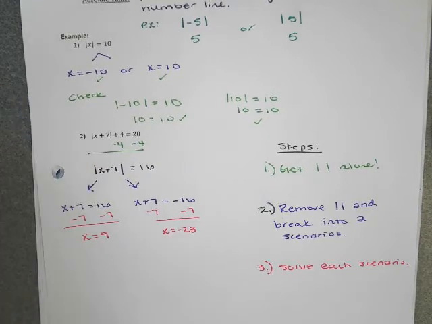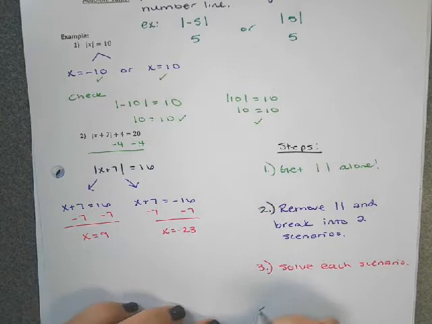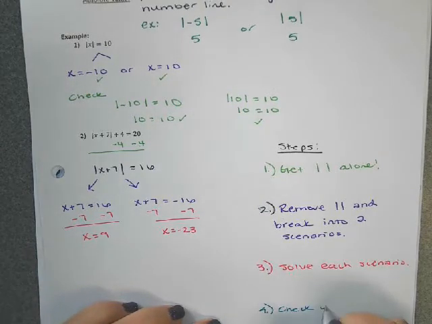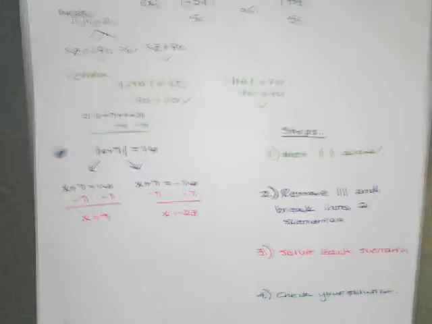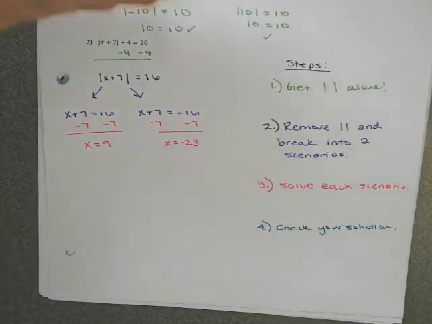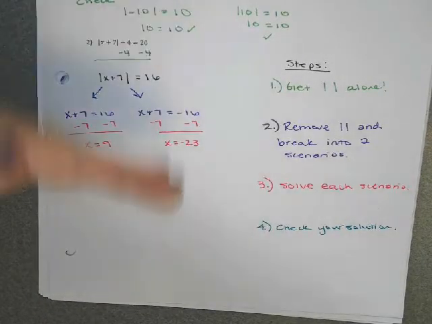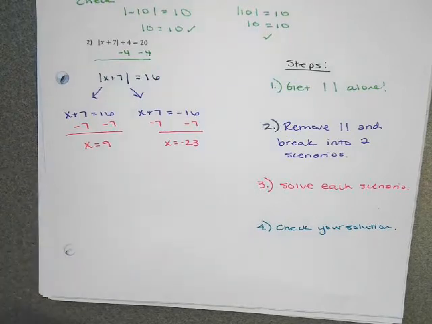And we think we have the solutions. However, whenever we are solving absolute values, you have to check your solution. And you have to. It's not an option. It's not that if I did this really well, then of course those are going to be my answers.